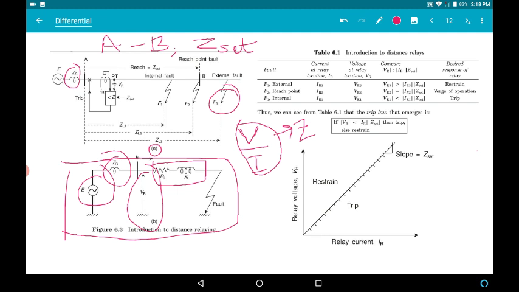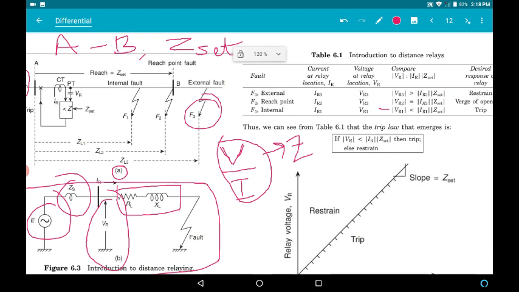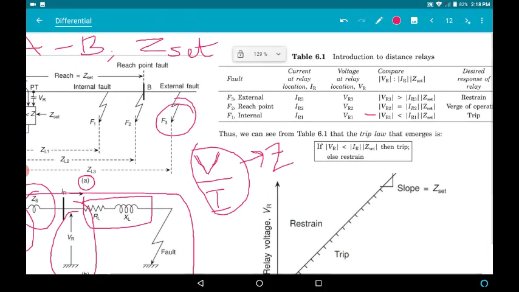For F3, which is an external fault, the relay current at the relay location will be IR3 and the voltage is VR3.